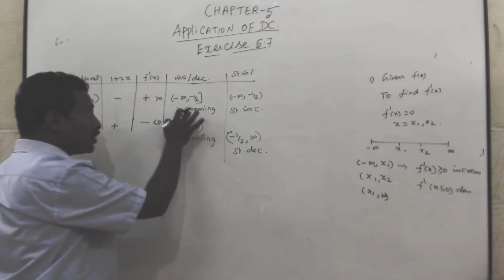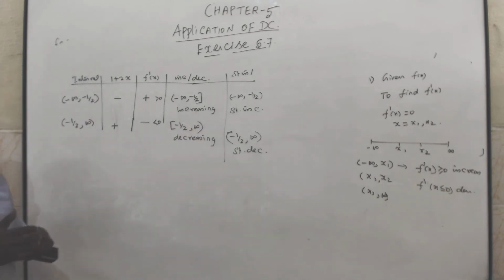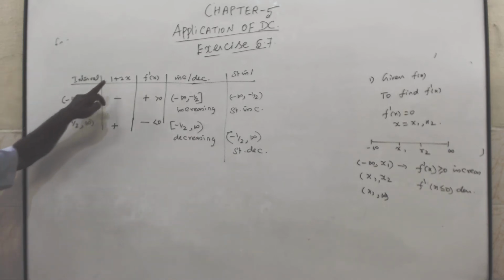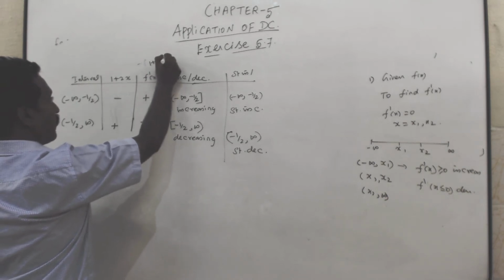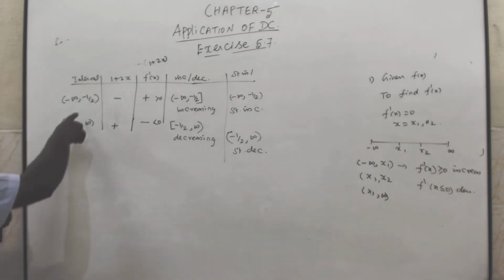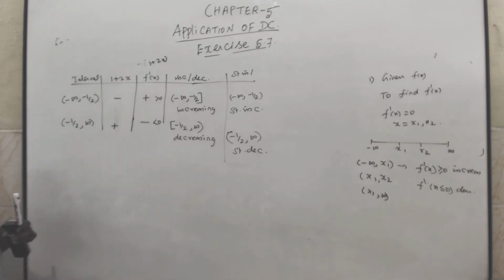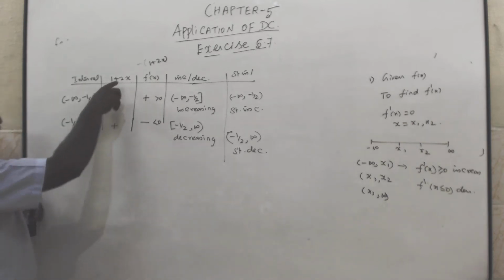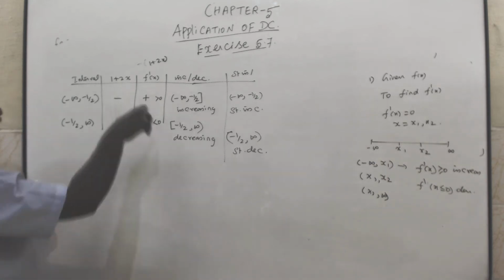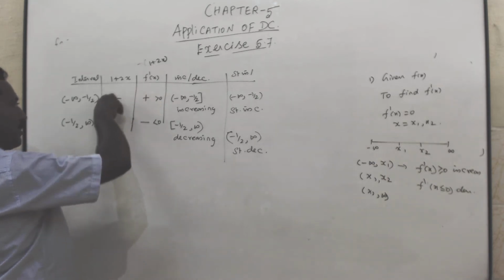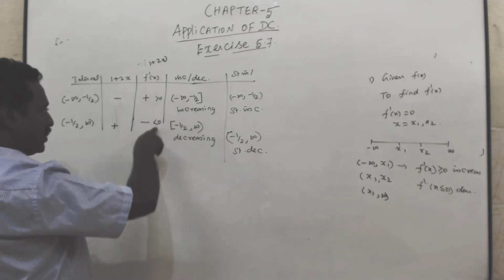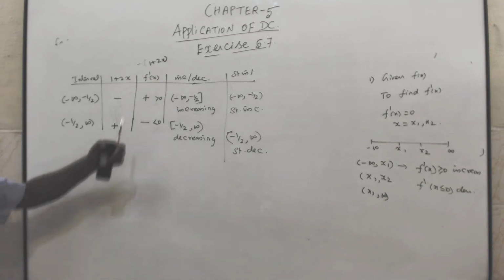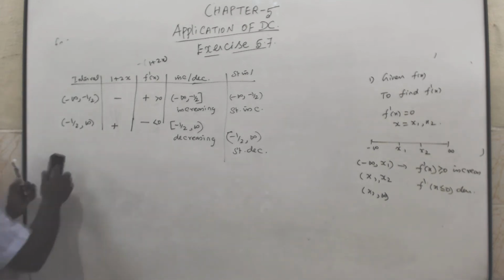The only thing is, closed interval for increasing, open interval for decreasing. Listen, the intervals are actually given for minus of 1 plus 2x, that is f dash of x. In between, substitute any one value; here it is negative, and here positive. But the question has minus of 1 plus 2x, that's why minus into minus is plus, plus into minus is minus. Plus means greater than 0, minus means less than 0. So increasing, decreasing.